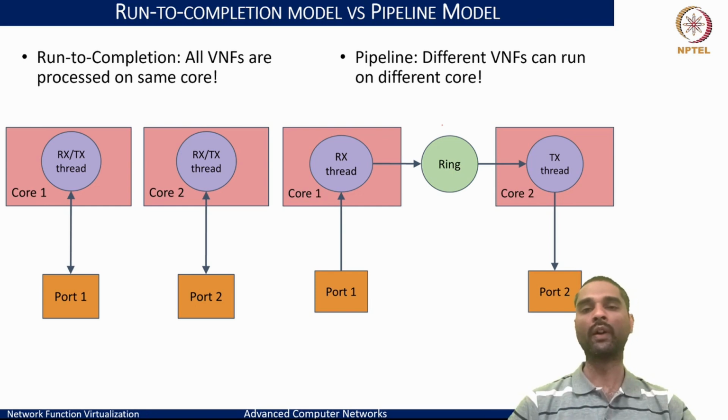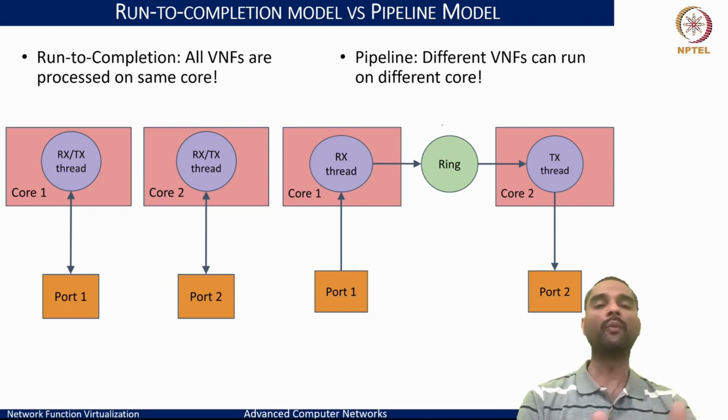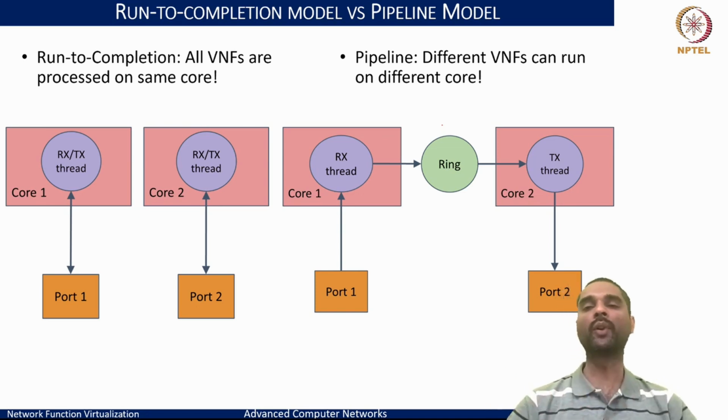network functions. And once these were seen, a lot of research works came in either of the contexts: one family of works using run to completion for very fast packet processing, and the other family of works that use the pipeline model and try to build a framework for developing NFVs. And both have been equally adopted and used.